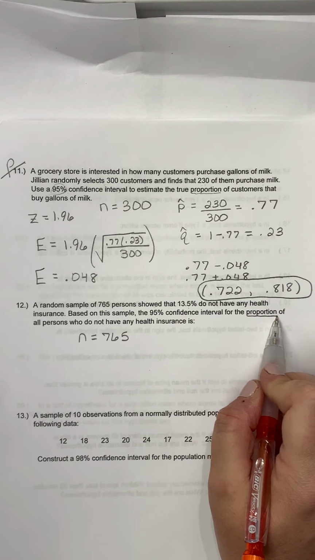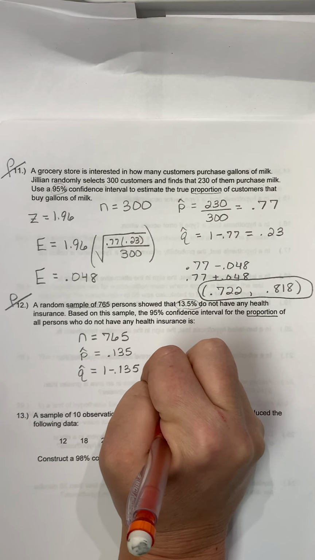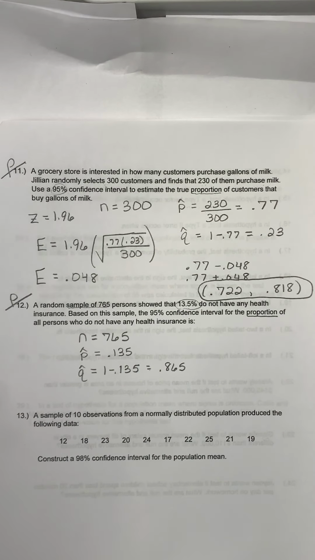So remember, if it's in the same sentence as the sample, this percent is your p hat. You just need to turn it into a decimal. That's all. That's also going to give you your q hat, which is 0.865. Here's our Z. We just go to our Z chart for 95%. We get 1.96.